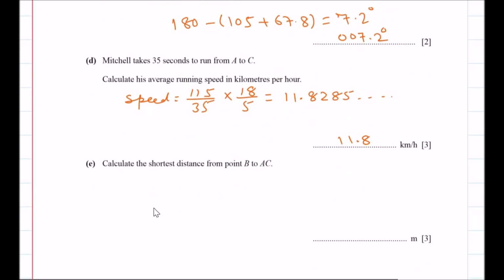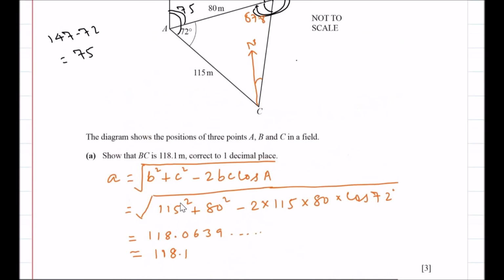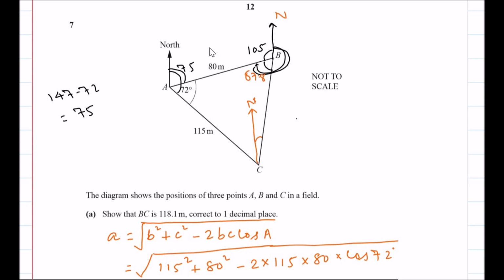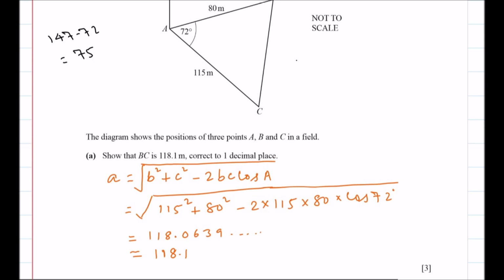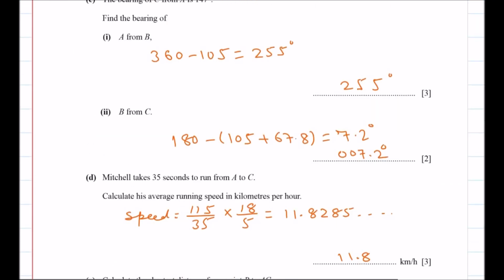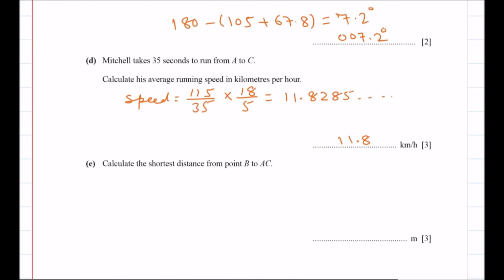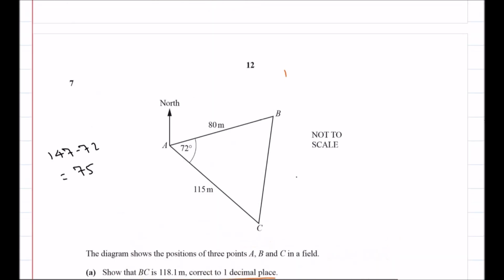It says calculate the shortest distance from point B to AC. Let us see the diagram. B to AC. Let me erase these construction works here. It says calculate the shortest distance from B to AC.